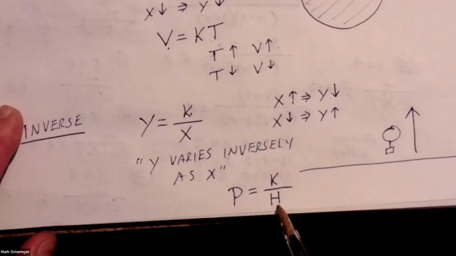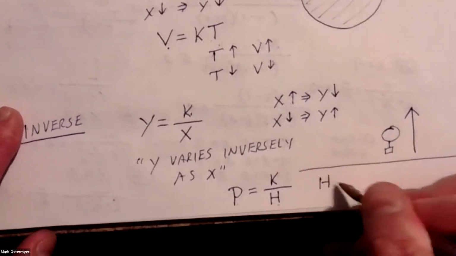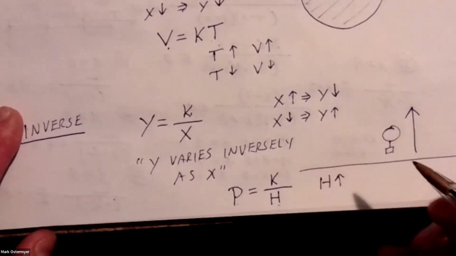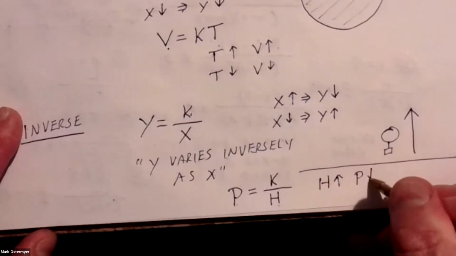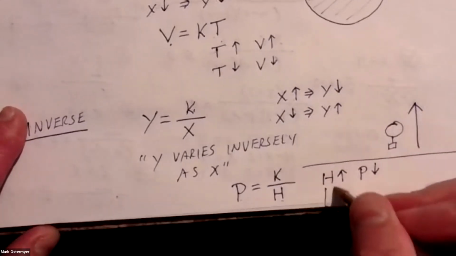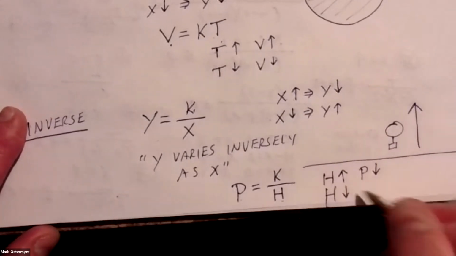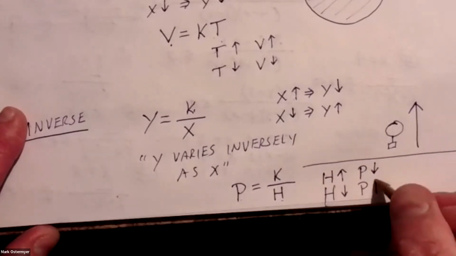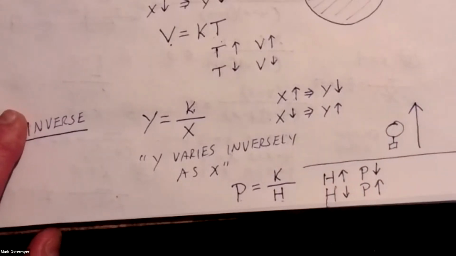H is for the height above sea level. P is for the pressure. Pressure always decreases with height. So as my height increases, as I go higher and higher up in the balloon, the air pressure will decrease. If my height decreases, I come back down to the surface, the pressure will increase. That's a good example of an inverse variation out in the real world.